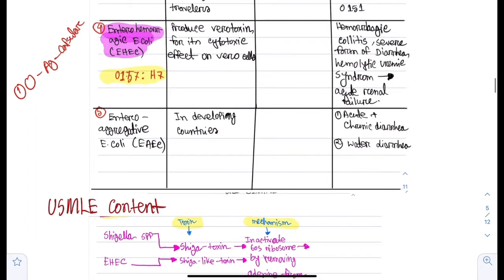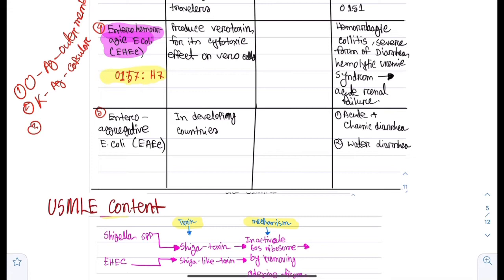There's a mistake: the O antigen is the outer membrane antigen, describing what it is composed of. Then there is the K antigen, which is the capsular antigen, also describing what type of capsule it is.